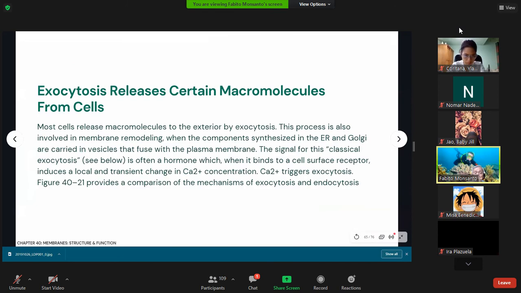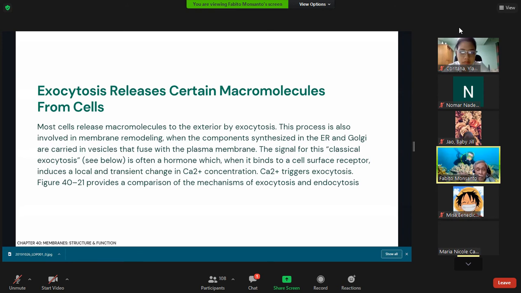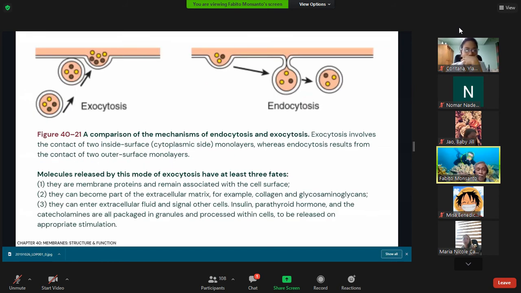Exocytosis. Now, exocytosis releases certain macromolecules from cells. Most cells release large molecules outside. So this is through exocytosis. Oh, here is a comparison between exocytosis and endocytosis.